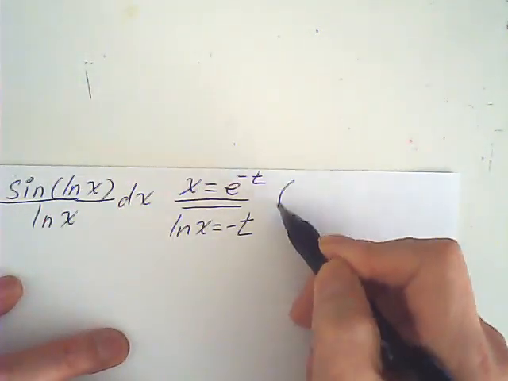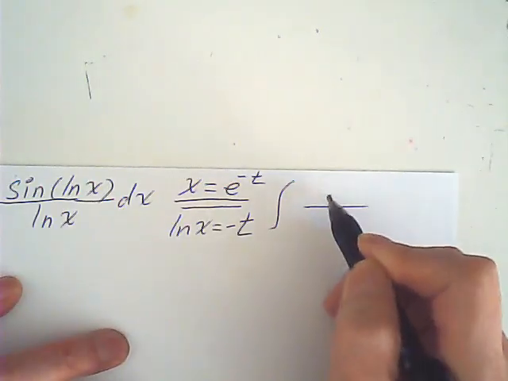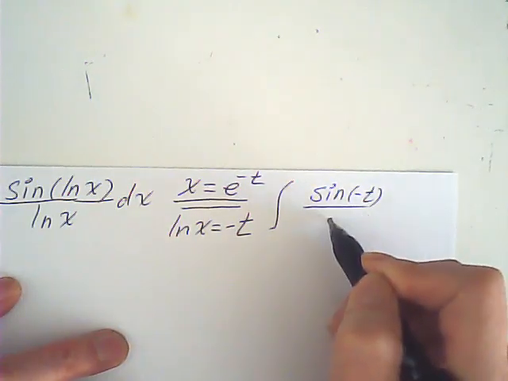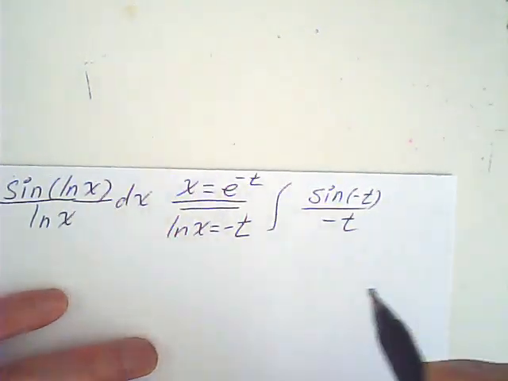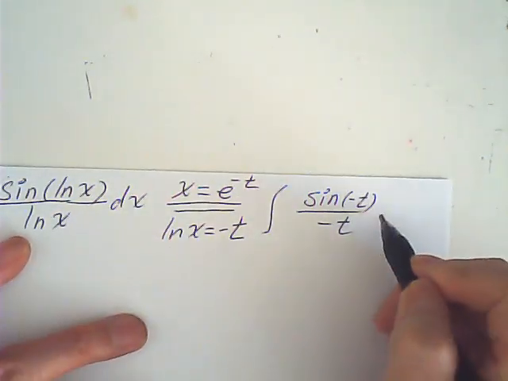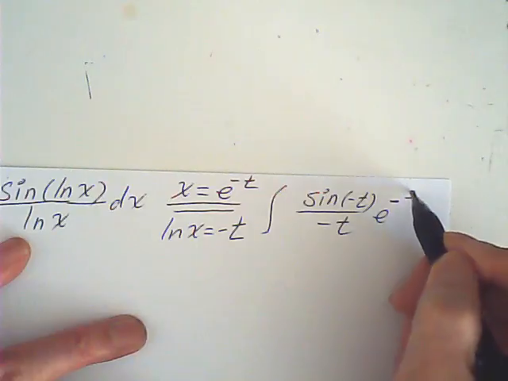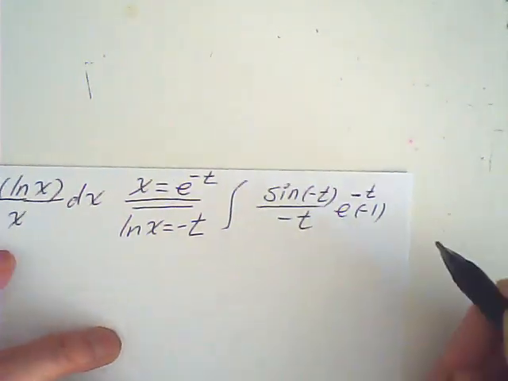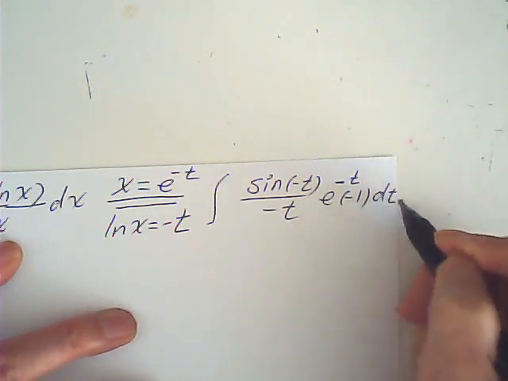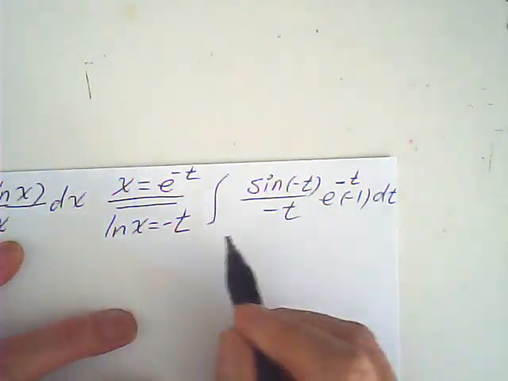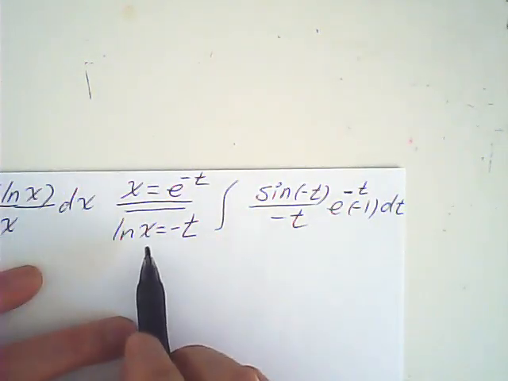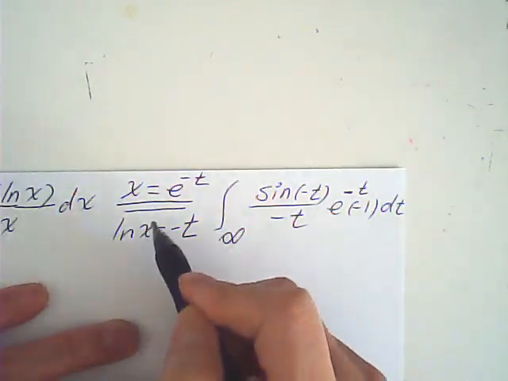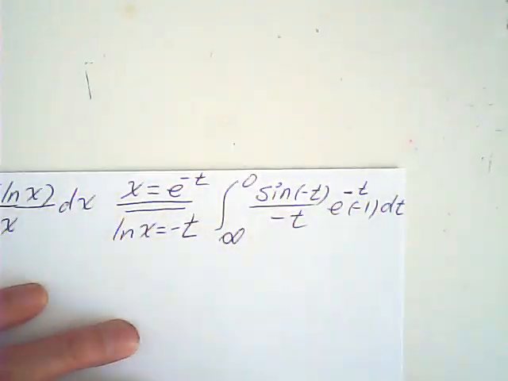So my integral becomes sine negative t over negative t. dx will be e to the negative t times negative 1, use the chain rule, dt. The boundary has been changed. When x equals 0, this is infinity. When x equals 1, it's 0.